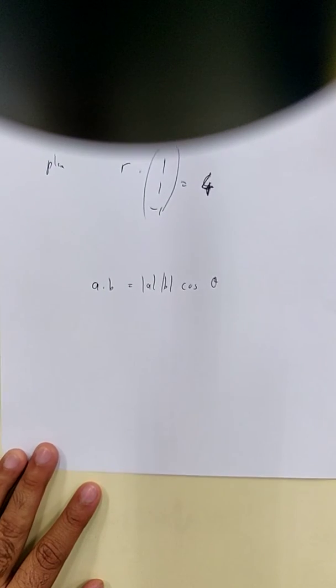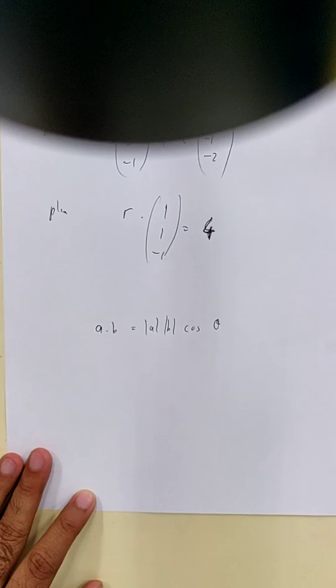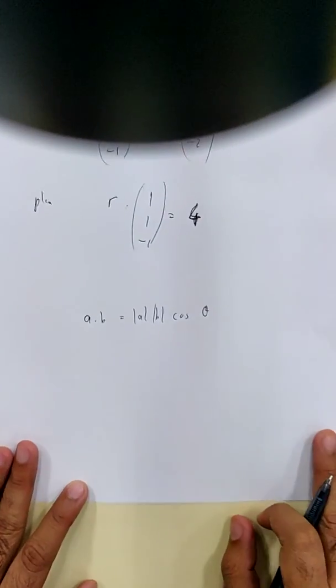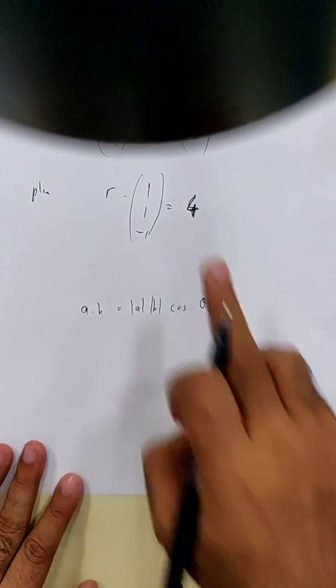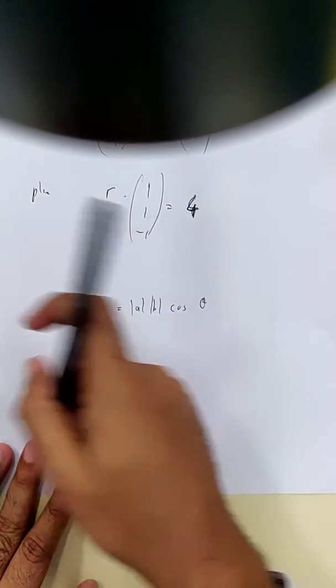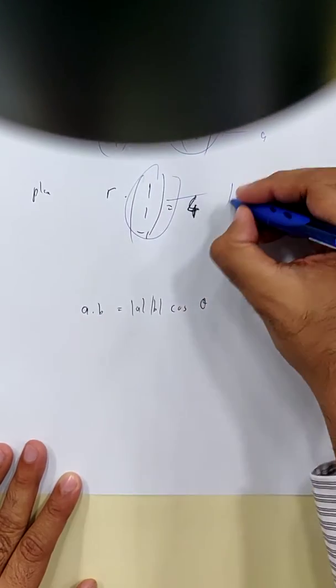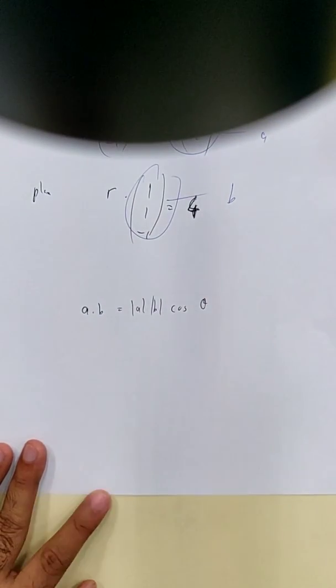Okay? So what's your A and what's your B? Doesn't matter. You can take A as this. You can take this one as your A. You can take this one as your B. Or vice versa.